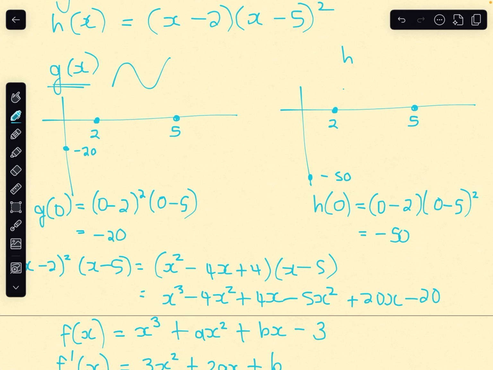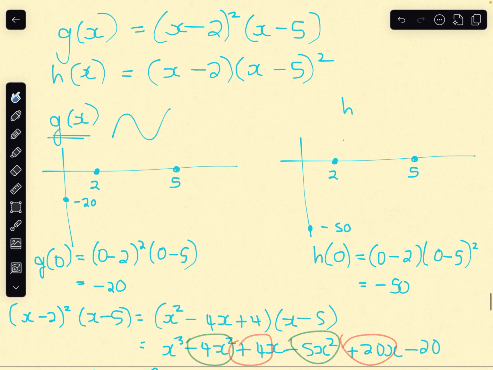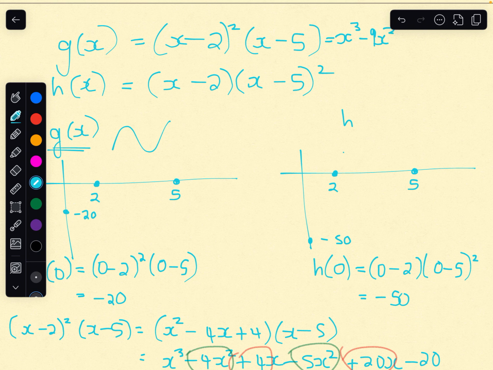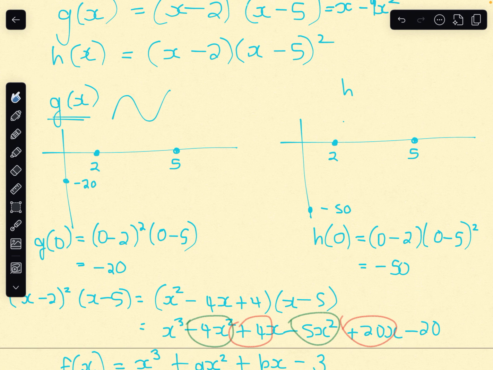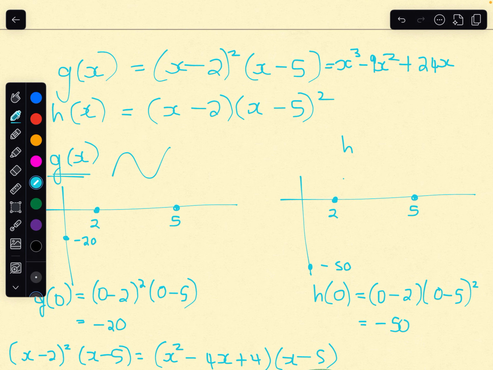Then we have our like terms, so we end up with x cubed, then minus 4x squared minus 5x squared is minus 9x squared, and then 4x plus 20x is 24x, and then minus 20. So that's our first one expanded.